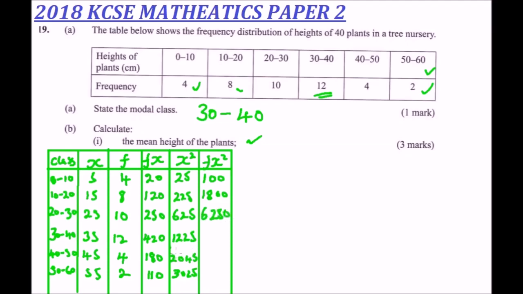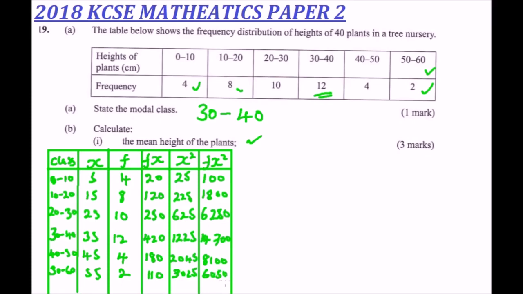Then we have 12 multiplied by 1225, and that should give us 14,700. Then we have 4 times 2025. This will give us 8,100. And finally we have 2 times 3025, and that should give us 6,050.